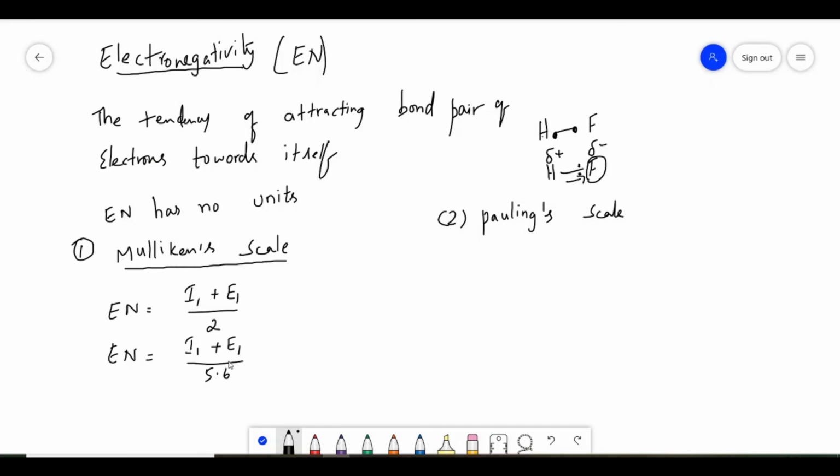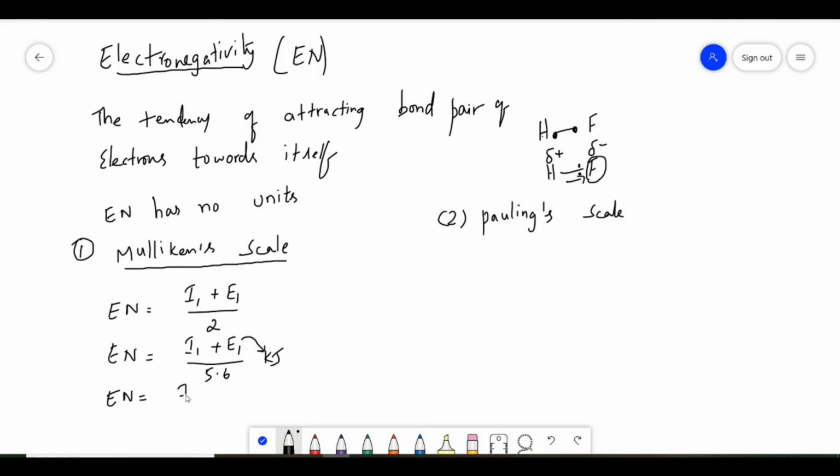And here the values of this ionization energy and electron affinity are given in kilojoules. But remember, electronegativity does not have any units. Only these are the units of ionization energy and electron affinity. Next, there are some more formulas.